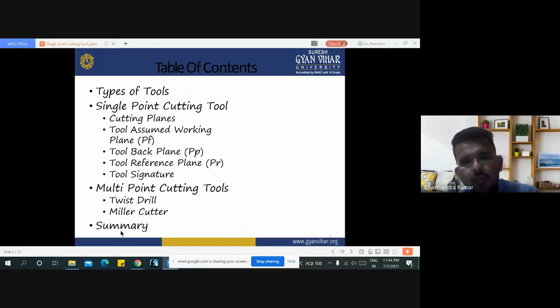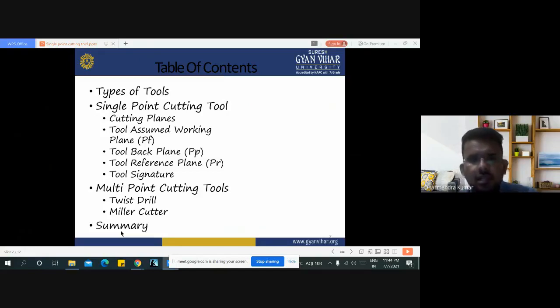In this topic, we are discussing types of cutting tool, in which we will see that there are two types of cutting tool: a single point cutting tool and a multi-point cutting tool.